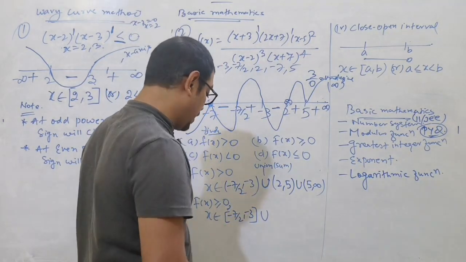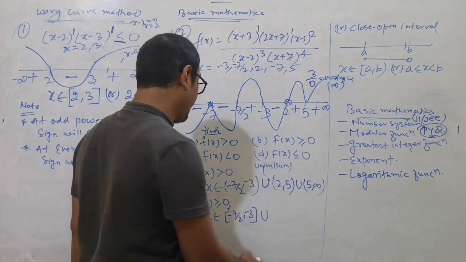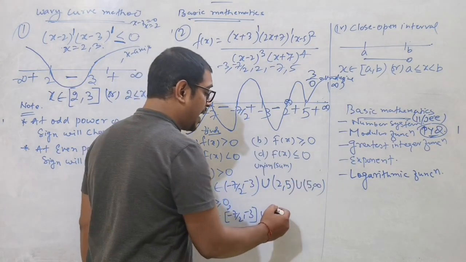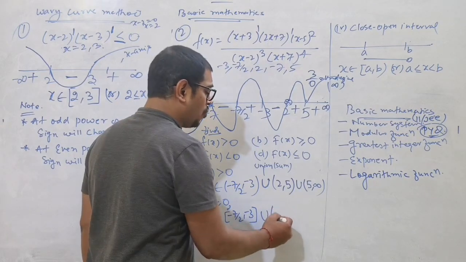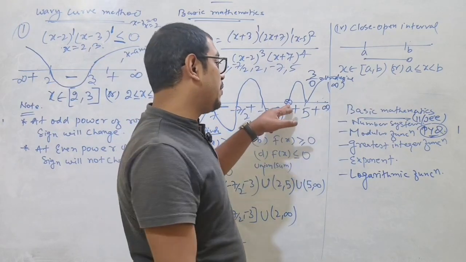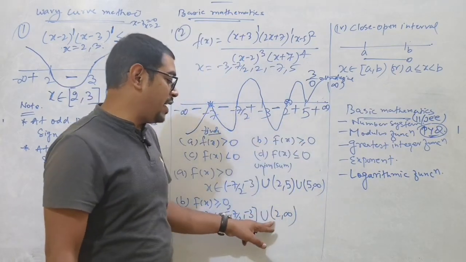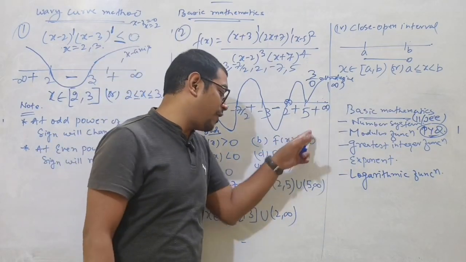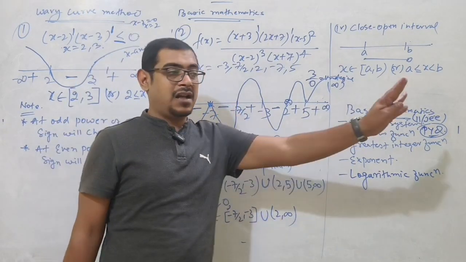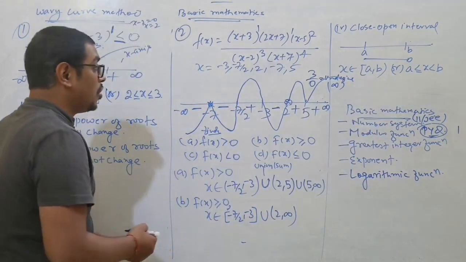Union. Here you can directly write 2 to infinity. Now 5 is included but 2 is excluded. So 2 is already excluded, and 2 to infinity. So 5 is already included. The equal to sign is there, so you can write the same interval.